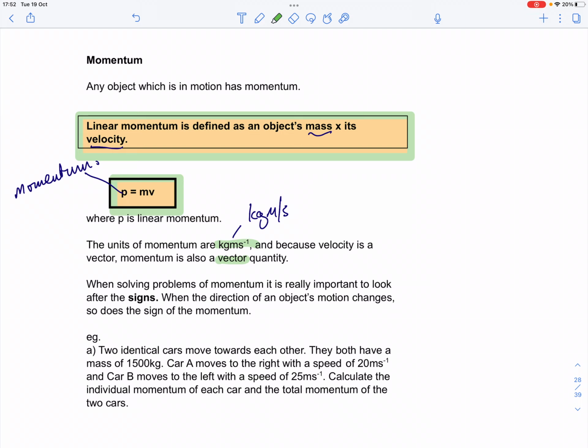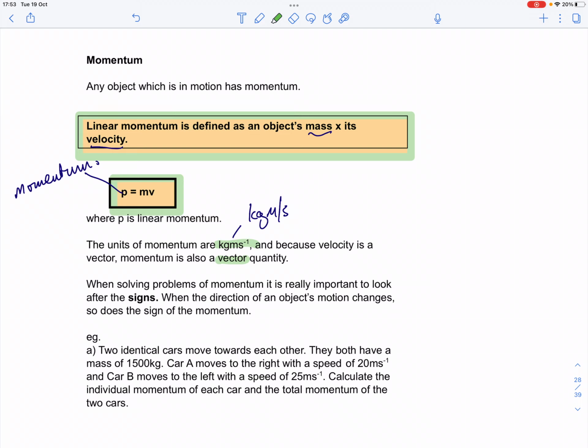Particularly with momentum problems, the direction of motion is very important, because when you have two objects travelling in opposite directions, the signs of the momentum will be opposite. One of them will be positive and one negative. So it's important to look after the signs.